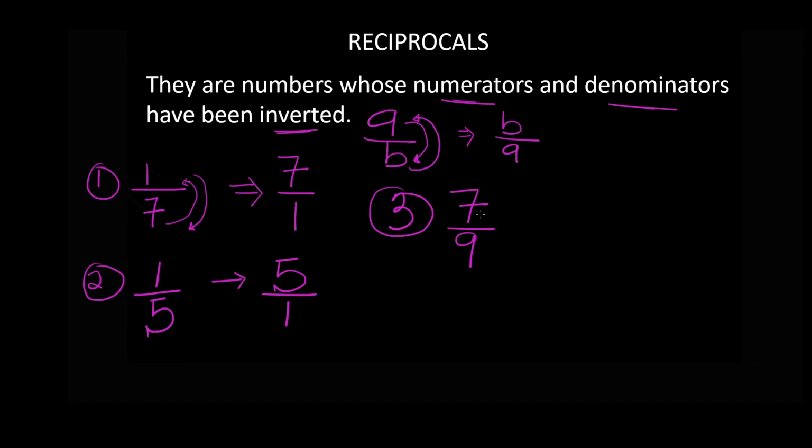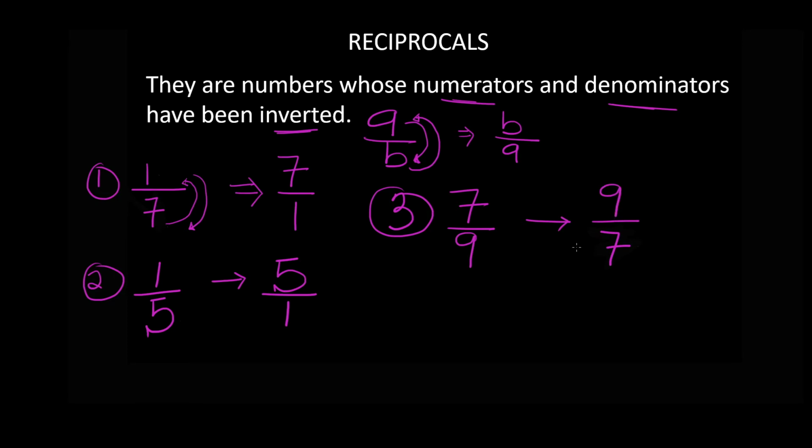Again, 7, which is the numerator, goes to the bottom, right? 7 goes to the bottom right here, and then 9 goes to the top.